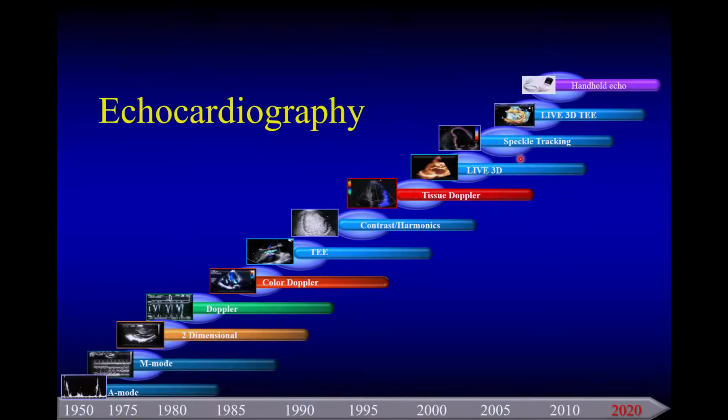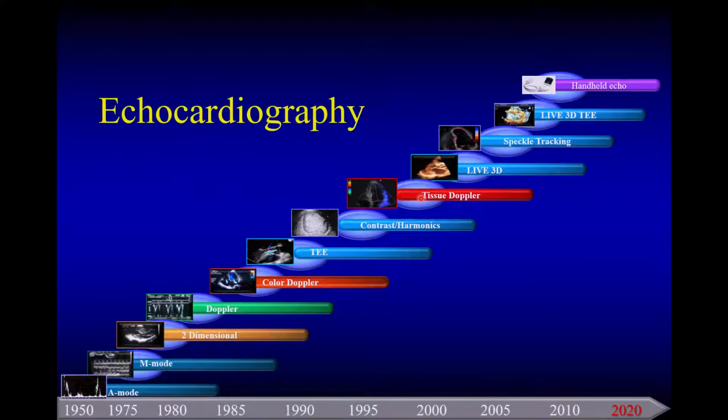So what I did today is to go over some of the evolution of the various techniques of echocardiography and Doppler. From the early days of Inge Edler, 1950s, of A mode to M mode, then 2D, then Doppler, color Doppler, transesophageal echocardiography, the use of contrast to enhance images, and we didn't talk about enhancing even Doppler, but we will talk about that when we address contrast.